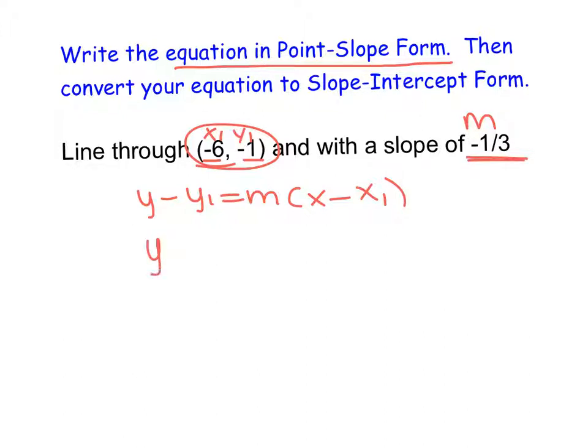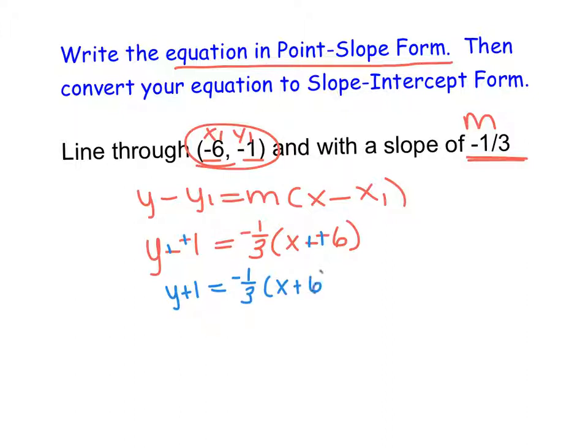So we take y minus our y coordinate, which is -1, is equal to -1/3 times x minus our x coordinate of -6. Because of those subtractions of a negative number, we should use keep, change, change to make this easier to read. So we really have y plus 1 is equal to -1/3 times x plus 6.